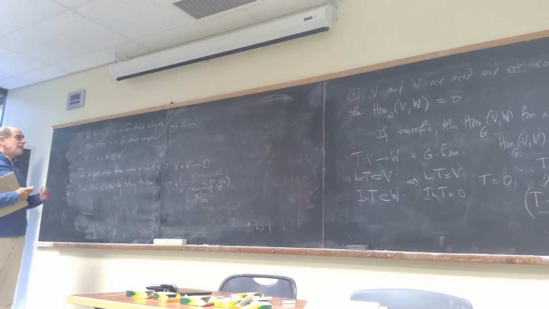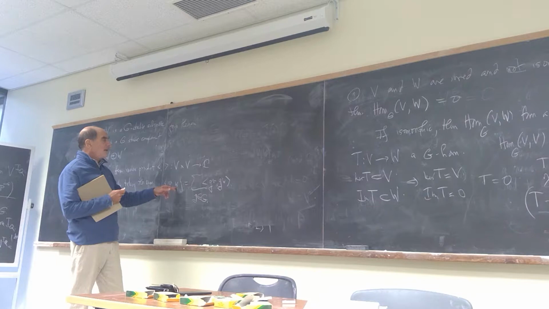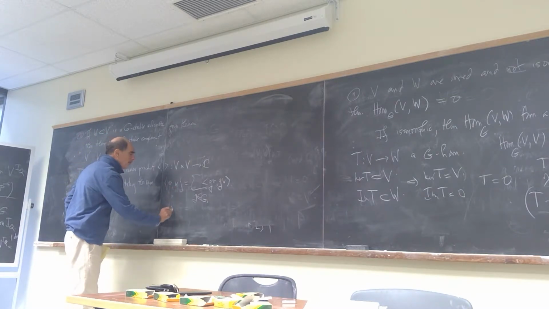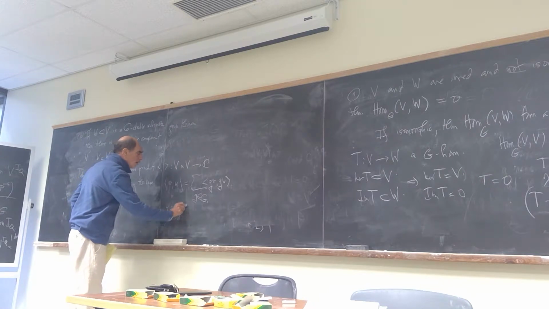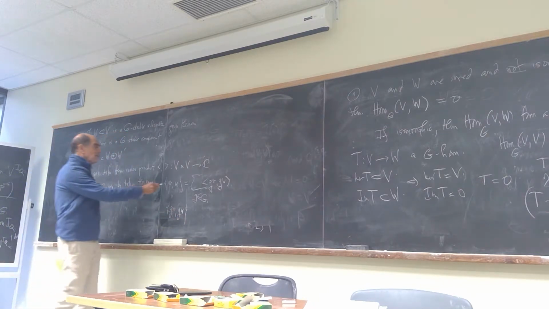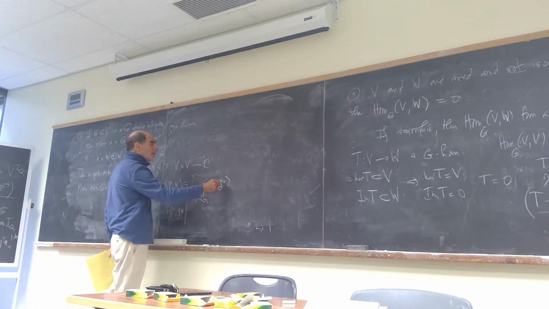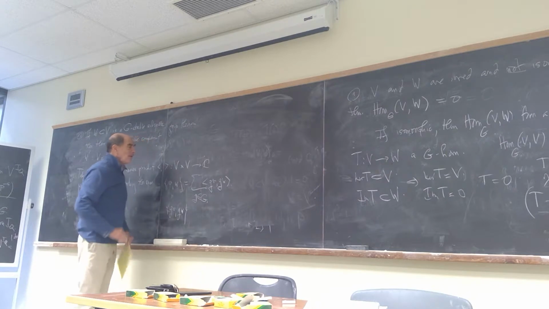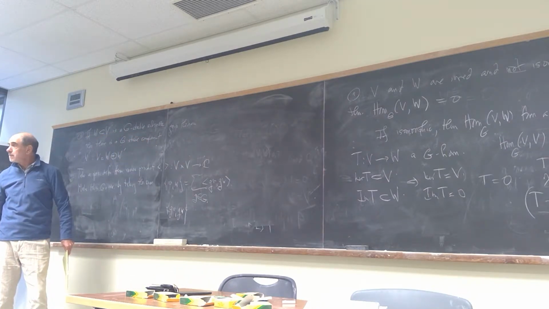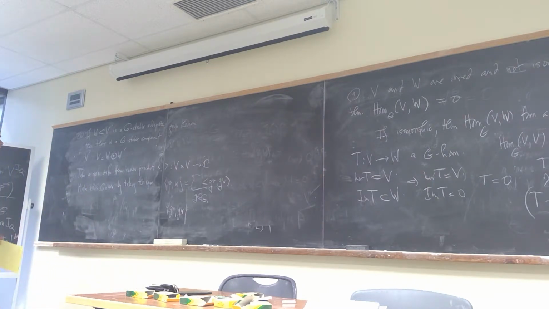Okay? So that's still Hermitian, namely it's linear in the first variable, antilinear in the second variable. It now has the property that this is equal to (g v, g w). And it's non-degenerate because it's still positive definite. If you take the inner product of v with v, that's the sum of the inner product of g v with g v, that's a positive real number, and if you sum positive real numbers, you get another positive real number. So it's an easy way of making an invariant Hermitian inner product.